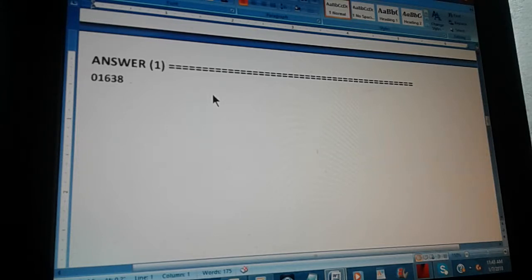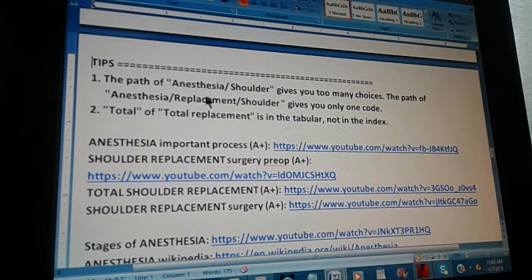If you didn't get it, let's give you a couple of tips. Tip number 1: the path of anesthesia, shoulder gives you too many choices. This is an example of how you have to choose the right keywords in the right order to find the code very fast. Remember that in the exam, your main problem is time.